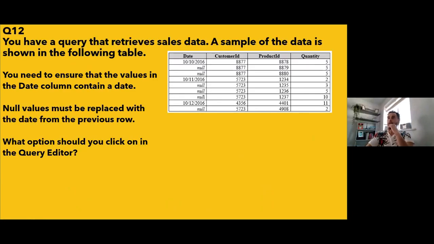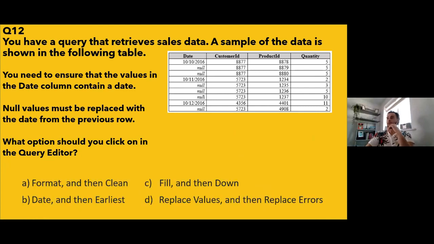Question 12. What option would you click on in the query editor to replace the null values in there? In this particular instance, you would use the C option, fill and then down, because that would replace the values from the previous row above it and replace any of the null values with a valid date.